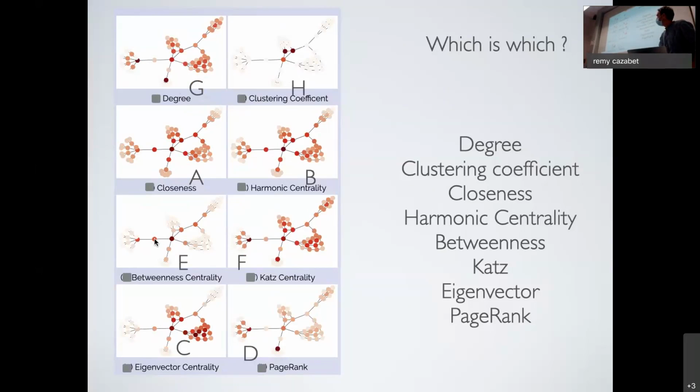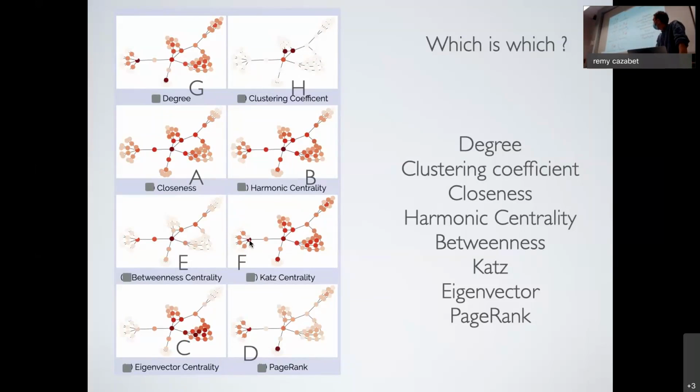Even this one, which has only two connections, but since it's on the way between this part of the graph and this part of the graph, it has a high betweenness, which is quite rare, because in most of the other metrics it has a small value because it has only two connections. So Katz centrality is a little harder to interpret, to discover, but the idea is that you are also in the center and you can access many nodes quickly.